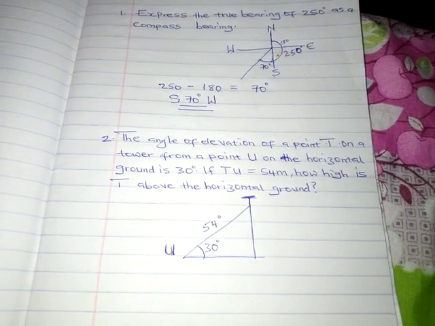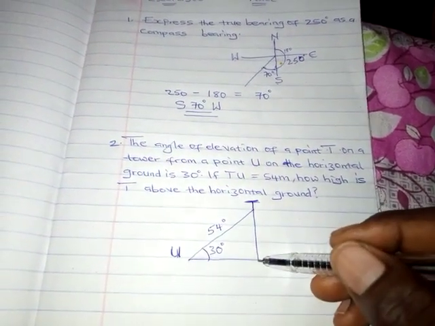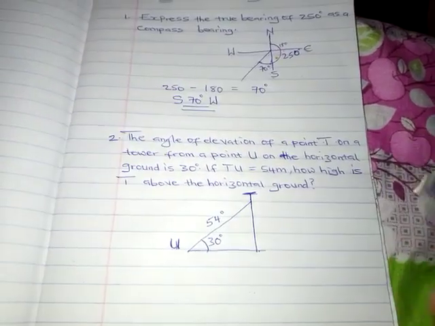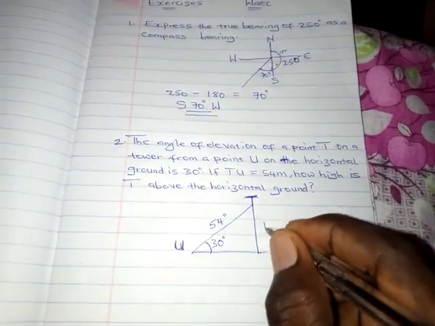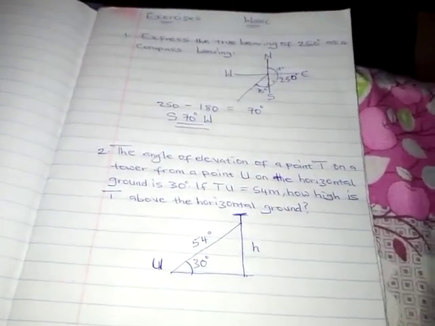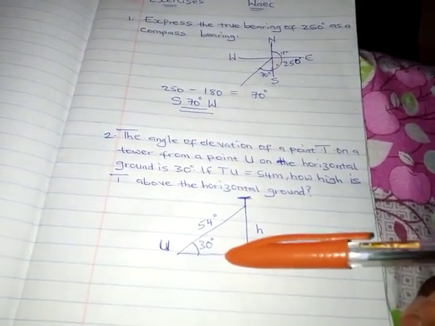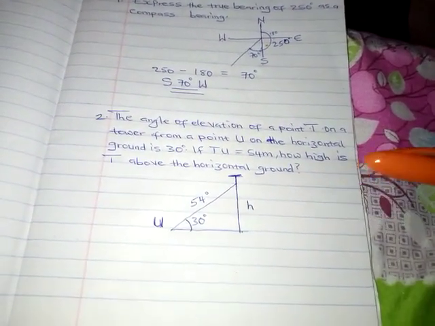Then the question says, how high is T from the ground? So we are looking for the height here. So we can represent that with h. So solving that, which trig ratio do we use now? Because this is a question on trig ratio.